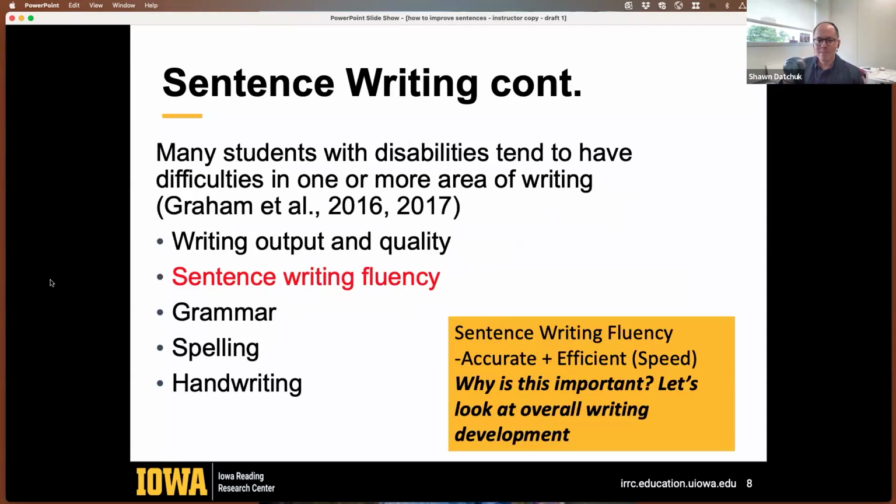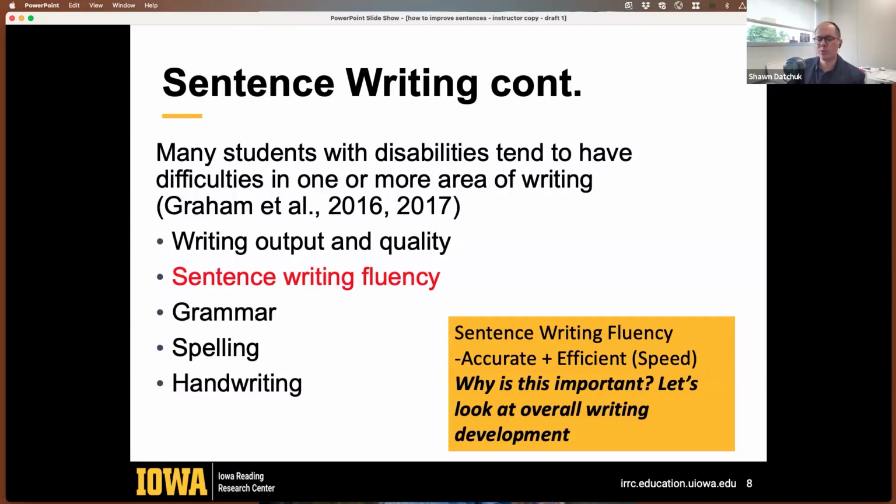And if we were to take out a magnifying glass to look at the writing samples of students, in this case, students with disabilities, what we would see would be several issues, unfortunately. One would be writing output. Unfortunately, students with disabilities tend to write fewer words, sentences, etc., than students without disabilities. Specifically focusing on today, we also would see issues with sentence writing fluency.